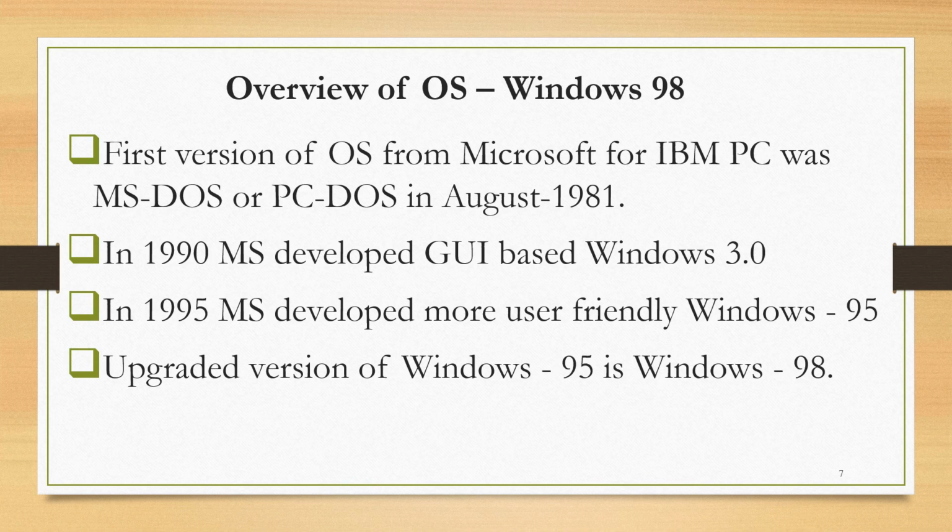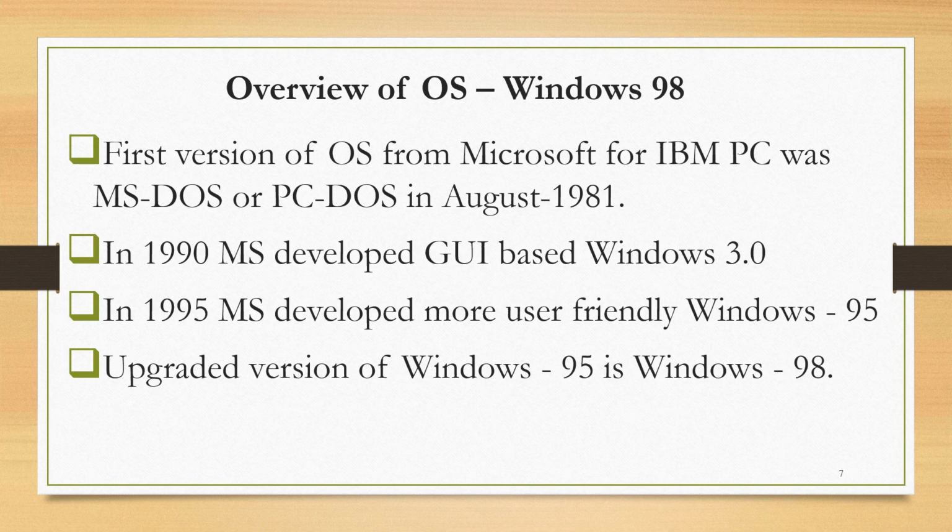In the DOS system, everything has to be typed in. All commands have to be typed by the user. But in a GUI-based OS, we can use the mouse. There are a lot of icons, and by clicking the icons, we perform our task.